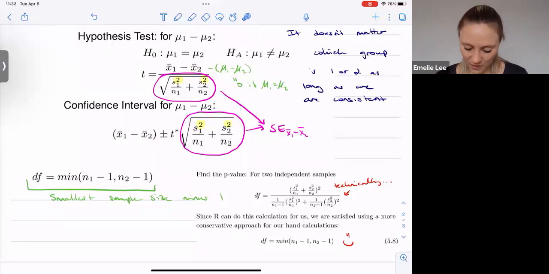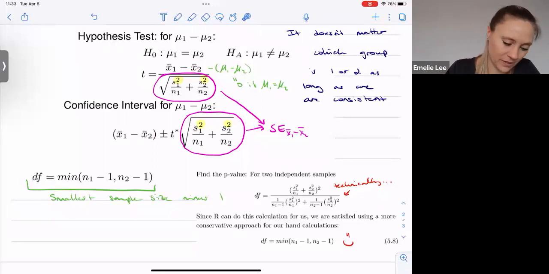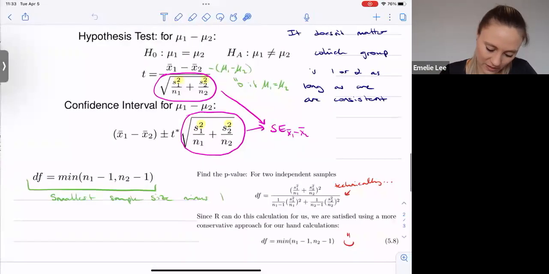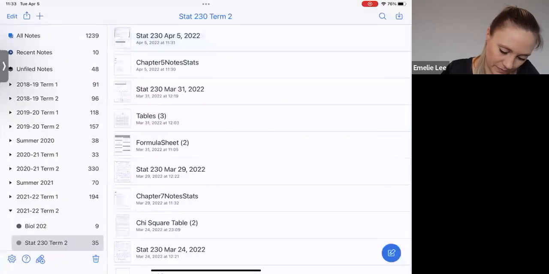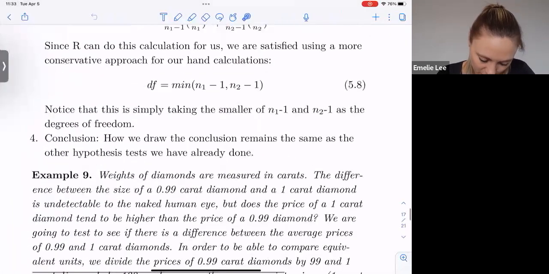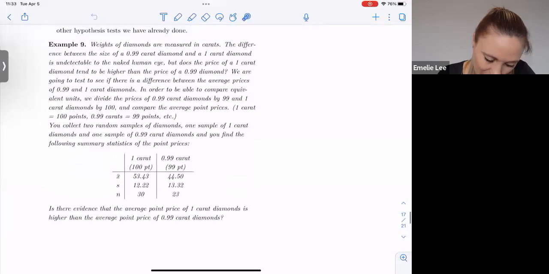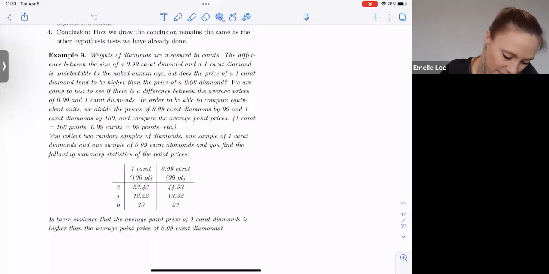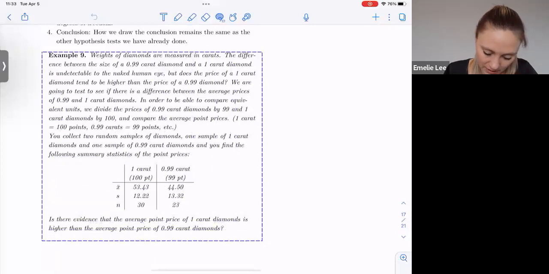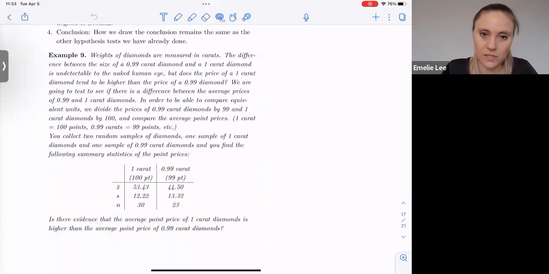Okay, so like I said, I want to do a diamond example, which is in the notes I posted. I don't have one without the solutions, but I like this one. So we're going to work through it together.